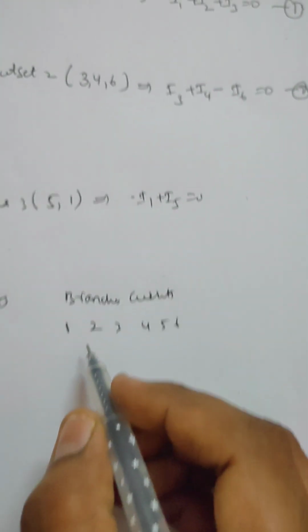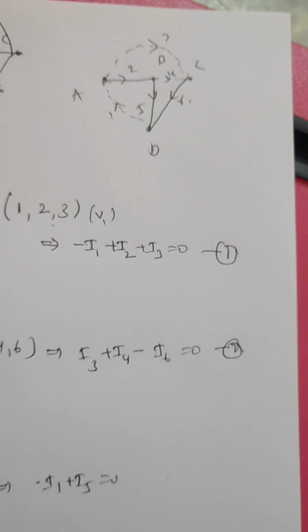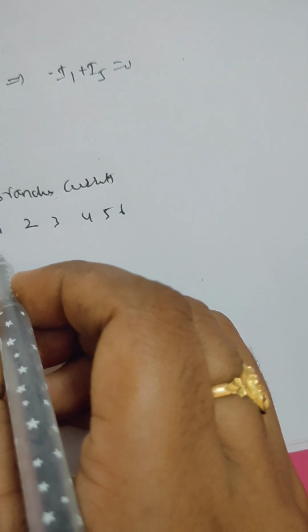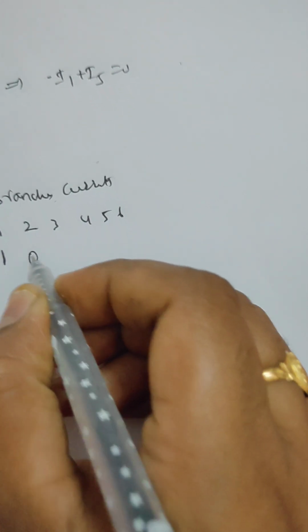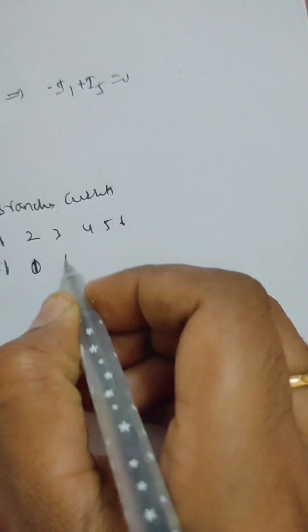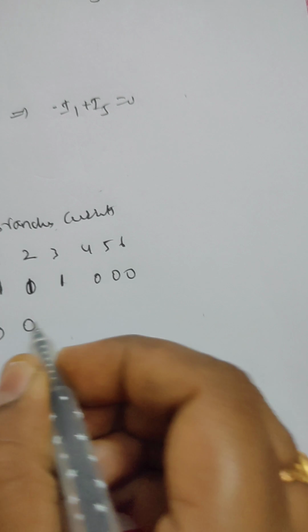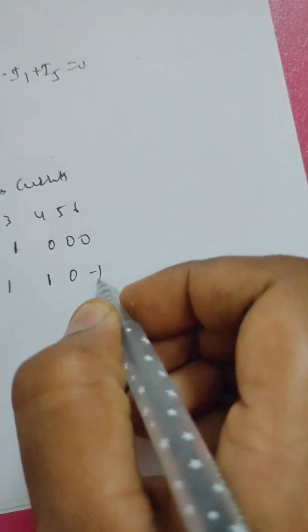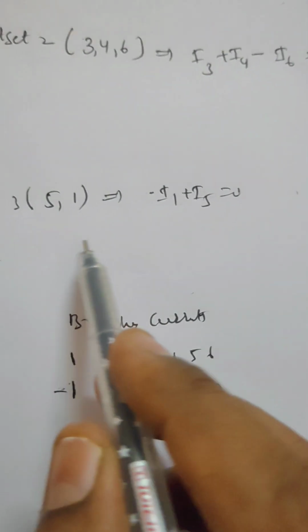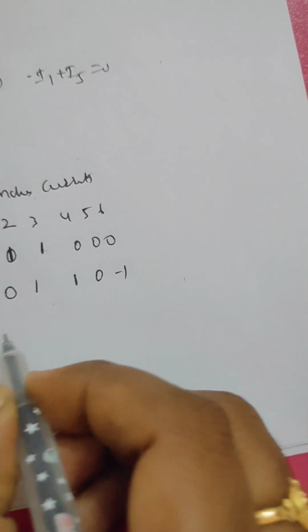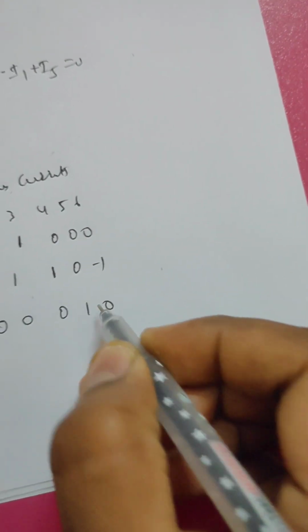For the first cut set we are getting the currents minus I1 plus I2 plus I3, the rest are 0. Similarly the second cut set is I3 plus I4 minus I6. Coming to branch 5, it is minus I1 plus I5.